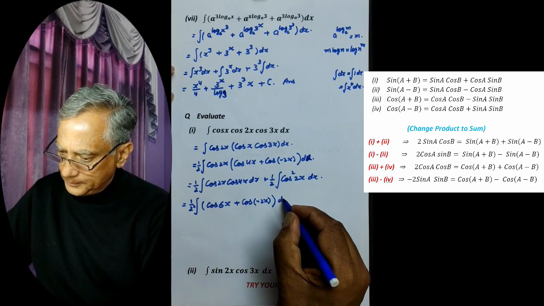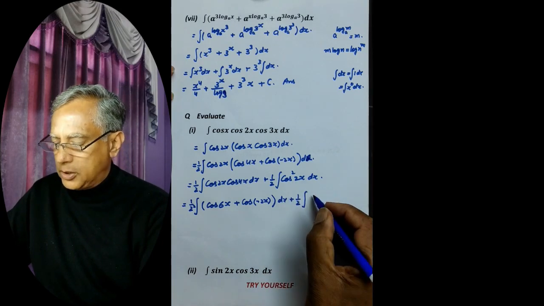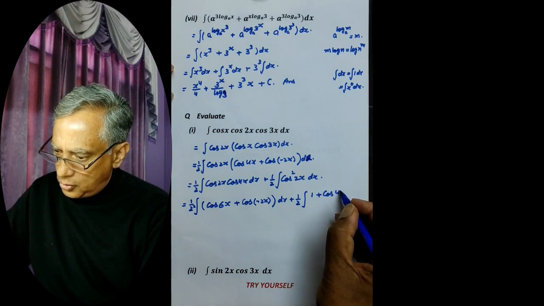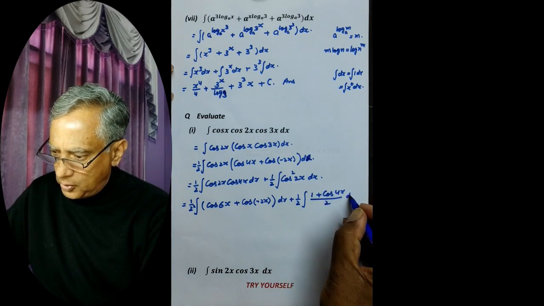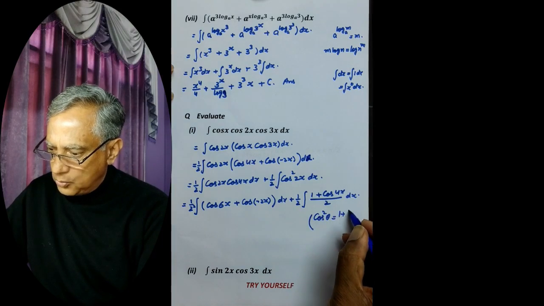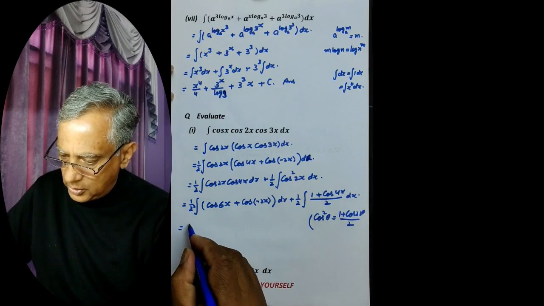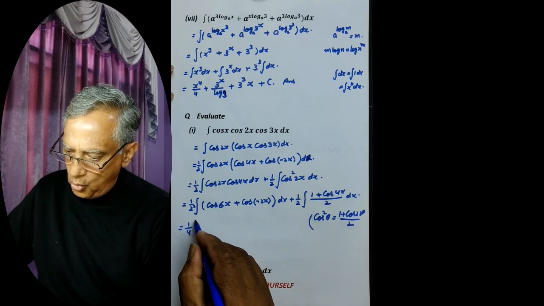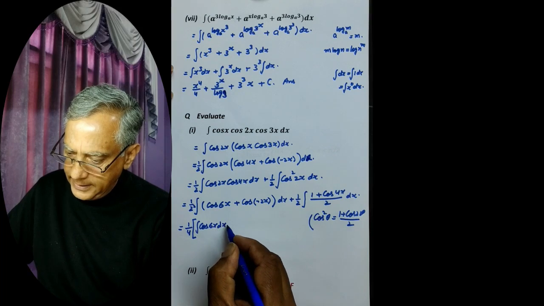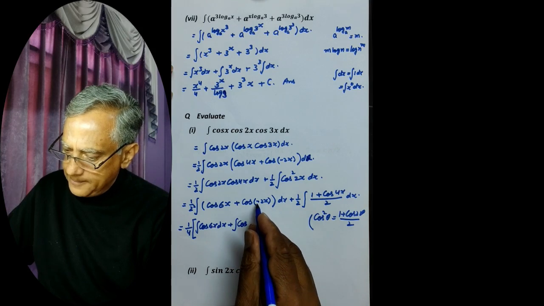This plus 1 by 2 integral cos square 2x can be written as 1 plus cos of 4x by 2 dx. Because we know cos square theta is 1 plus cos 2 theta over 2, and this is equal to 1 by 4 into integral of cos 6x dx plus integral of cos of minus 2x.